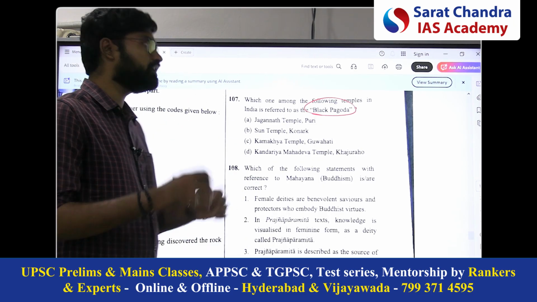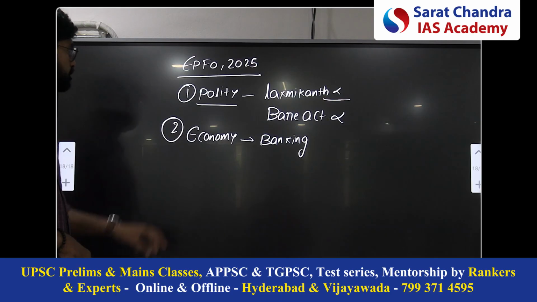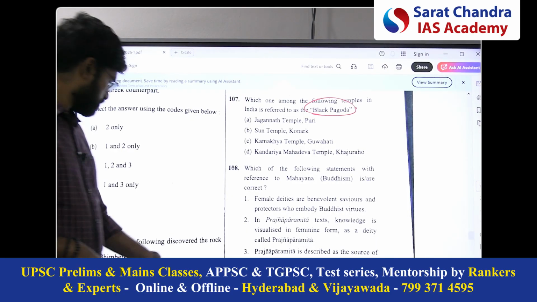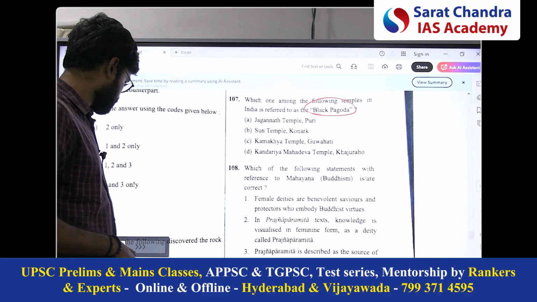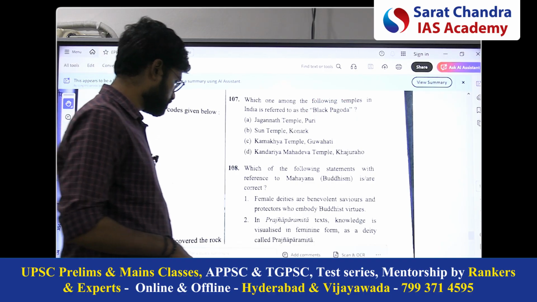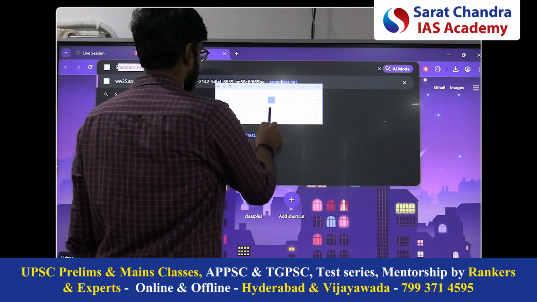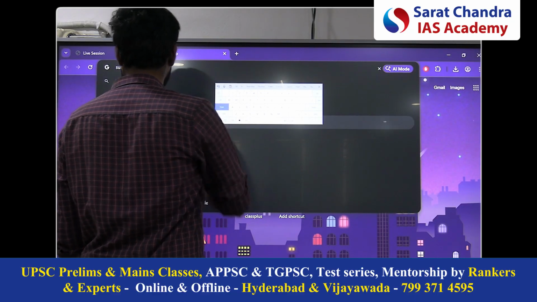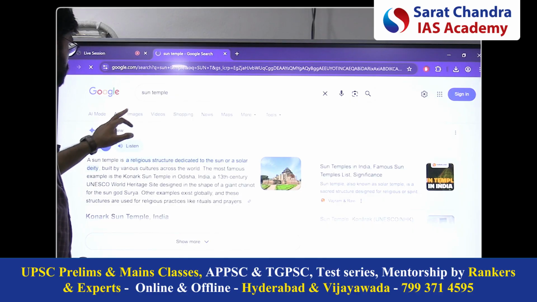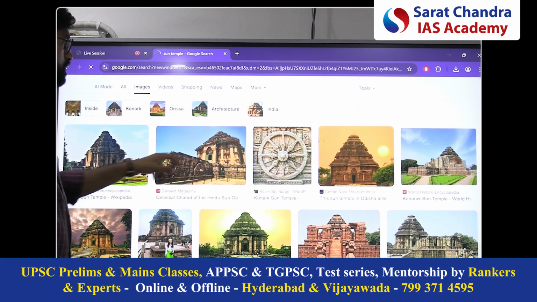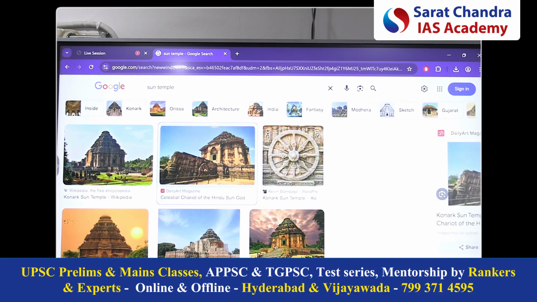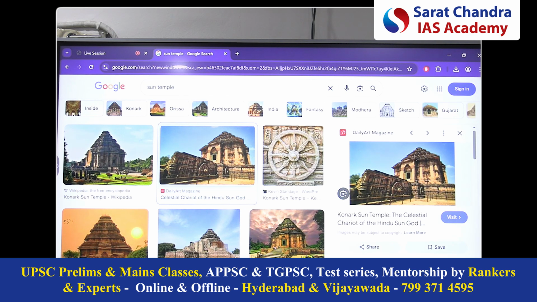Because you can see the Konark Sun Temple is made up of black stone. Look at this. This is the Sun Temple.